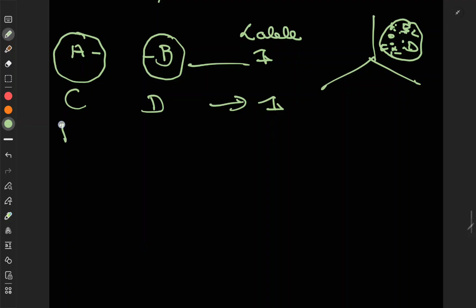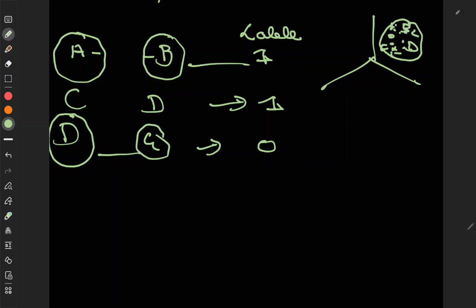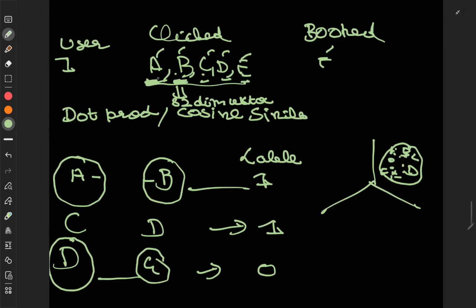If the user is seeing D, we can have a random negative sample, let's say G. A label of 0 could be added, because G is a random listing which is nowhere in the click listings, right?